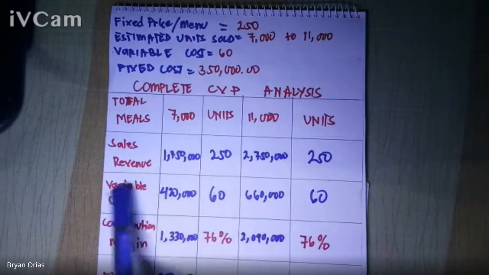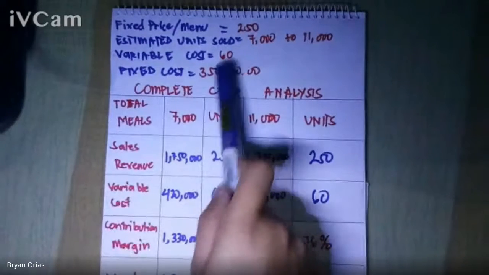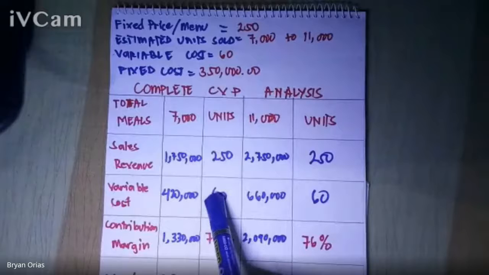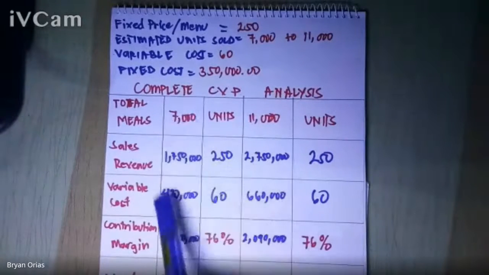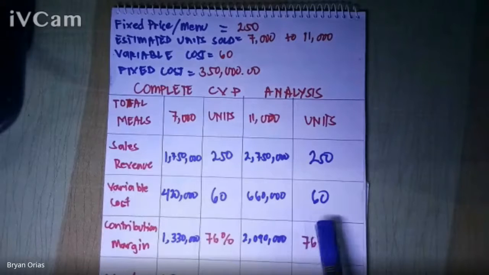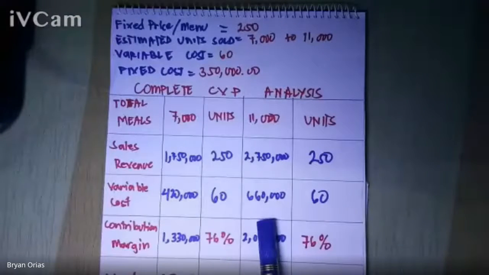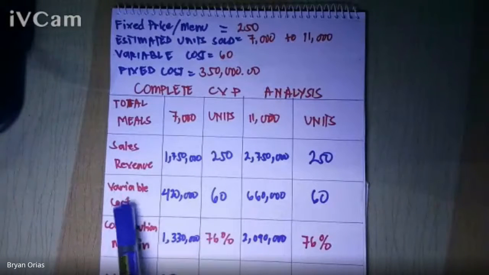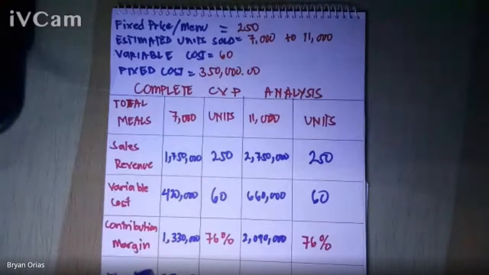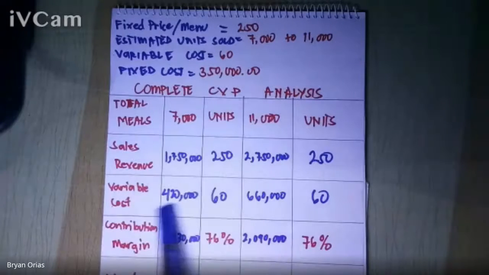Then, to get the variable costs, simply multiply yung given na variable cost, which is 60, to the number of units. So 60 times 7,000, you will get 420,000. Same goes with the 11,000 units: 60 times 11,000, you will get 660,000 pesos. To get the contribution margin, you just have to deduct yung variable cost kay sales revenue.